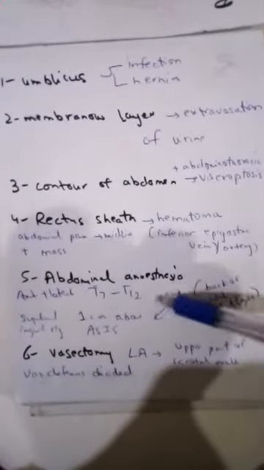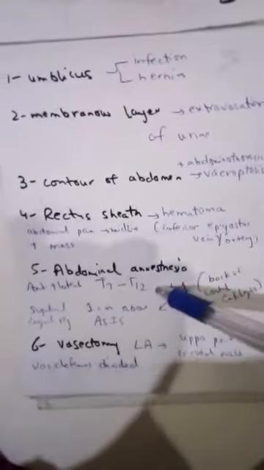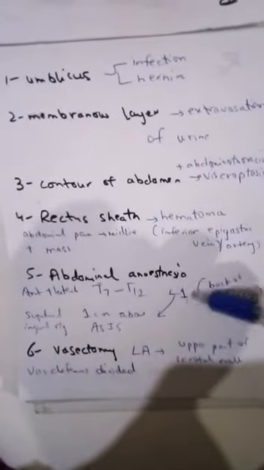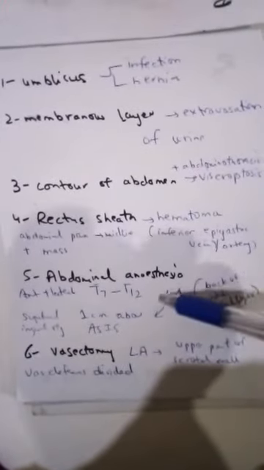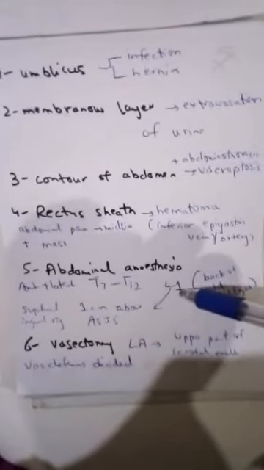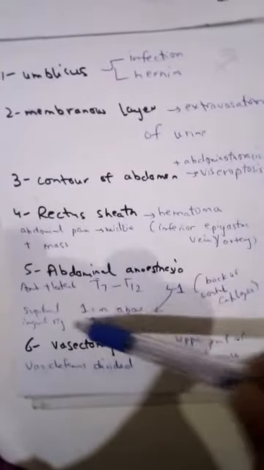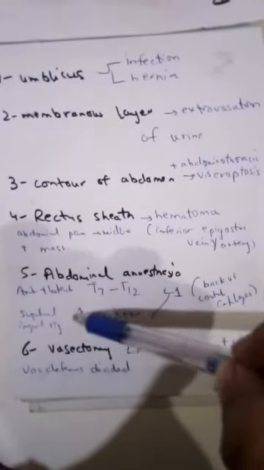Behind these, the needle is inserted, and the T7 to T12 nerves can be blocked. L1 is blocked as well. The iliohypogastric and ilioinguinal nerves can be blocked 1 centimeter above the anterior superior iliac spine, at the superficial inguinal ring, because these nerves pass in front and behind the superficial inguinal ring.